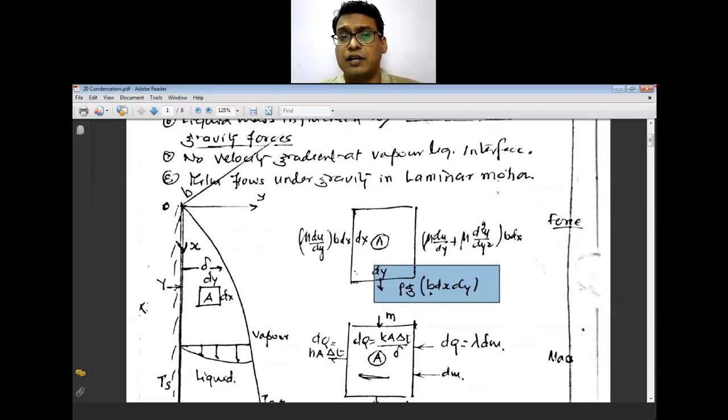B is the width, and dx and dy are the directions. Similarly, to manage the units, you multiply the shear stress mu into du upon dy by the area, b dx, and this change is multiplied by b dx, that is the area.